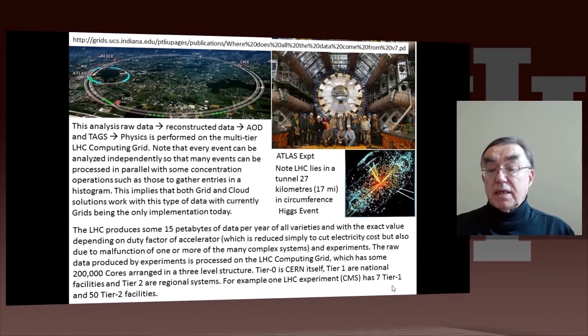The basic information from something like Atlas is a set of events, like is shown in the middle of the slide to the right, which you see these blue and red and yellow lines. These represent the energy and particle vectors produced when two protons collide.